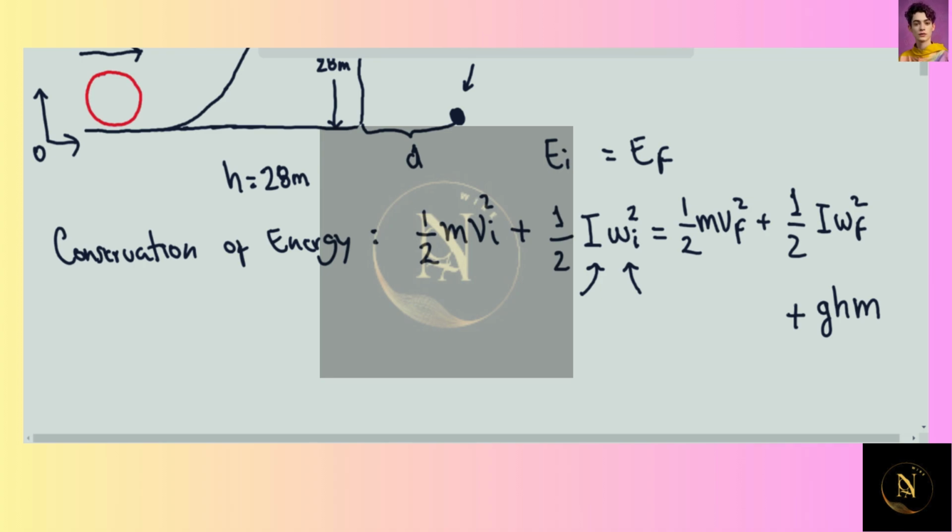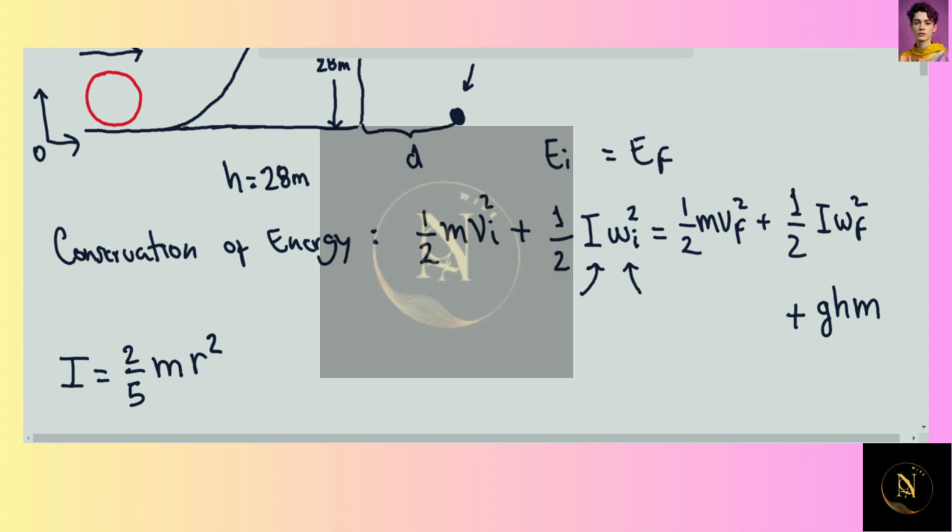So we can find this value in a table, and for a solid sphere, the moment of inertia is 2/5 the mass of this ball times its radius squared.